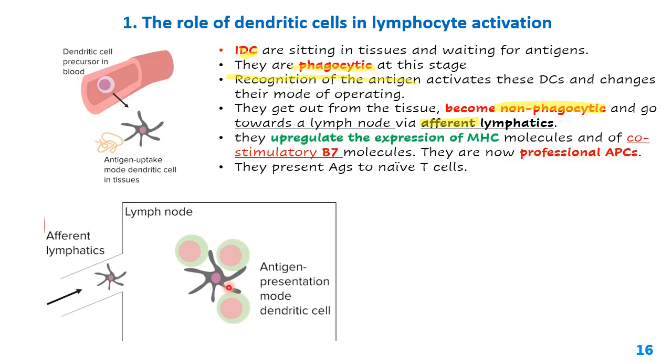It doesn't get out of there. It sits there and it's going to wait for the T cell to show up. The T cell is traveling through the circulation, both through the blood and through the lymphatics. When it gets in there, the dendritic cell is sitting there waiting for it. So it's going to present the antigen to the T cell when the T cell gets there.